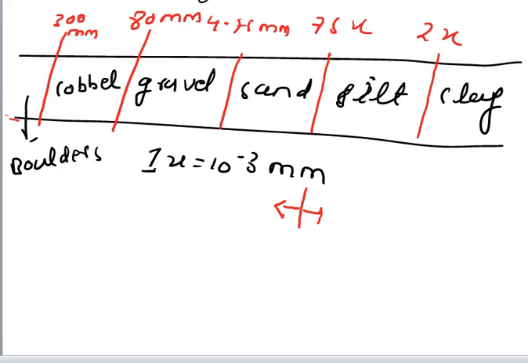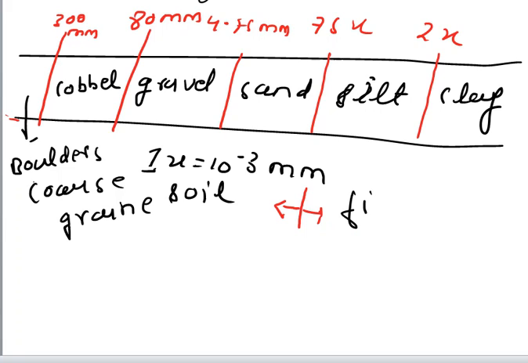If the soil solids are greater than 75 micron in size, then they are called coarse grained soil. If they are finer than 75 micron, then they are classified as fine grained soil. Okay.